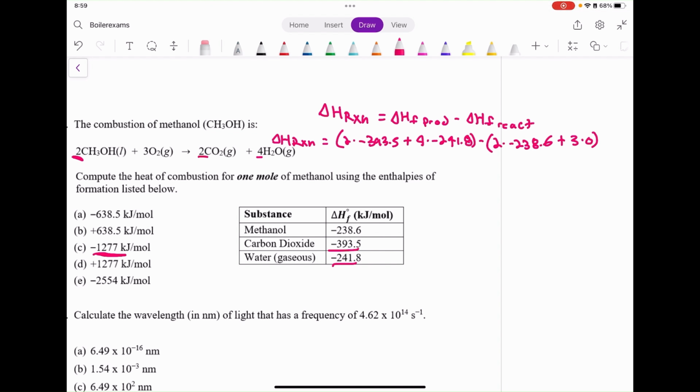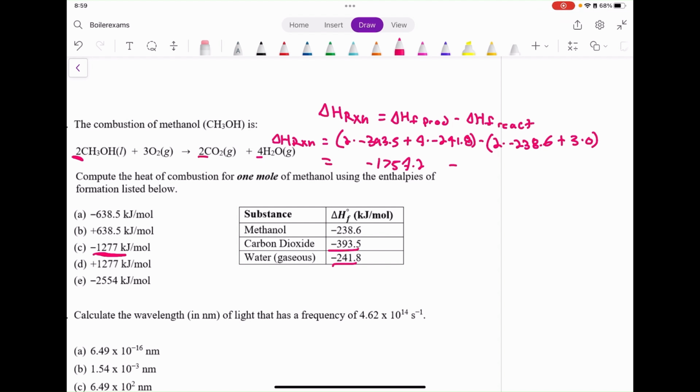and then oxygen has a heat of formation of 0 because it's elemental, so 3 times 0, or you can just ignore it. So this is going to come out to be 2 times negative 393.5 plus 4 times negative 241.8. So the products are going to turn into negative 1754.2.